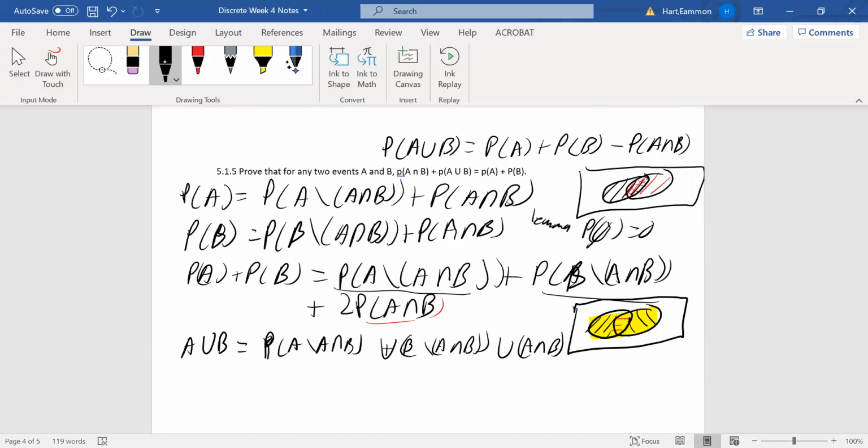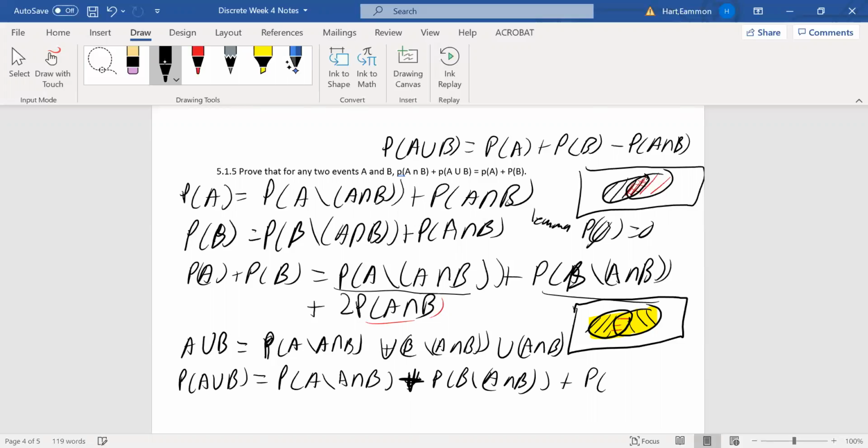Cool. I'm going to use this to say that the probability of A union B, using the fact that each of these is mutually exclusive so I can just add them up, is the probability of A minus the intersection, plus the probability of B minus the intersection, plus the probability of the intersection.